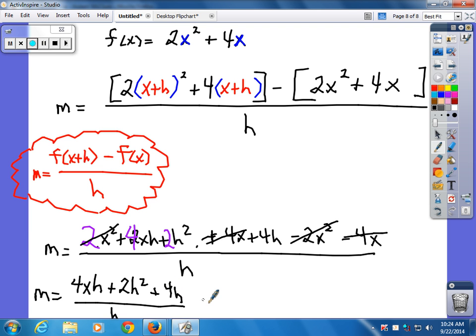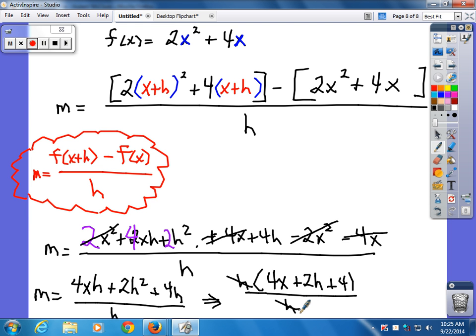Factor out the h on top, and you get h times 4x plus 2h plus 4 over h. And what happens to the h's? They cancel, and you're left with 4x plus 2h plus 4.